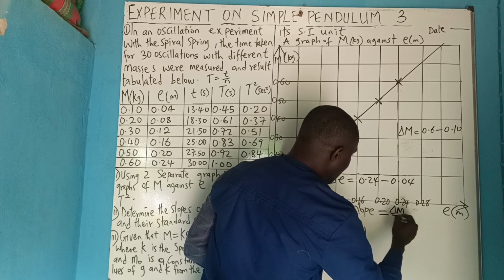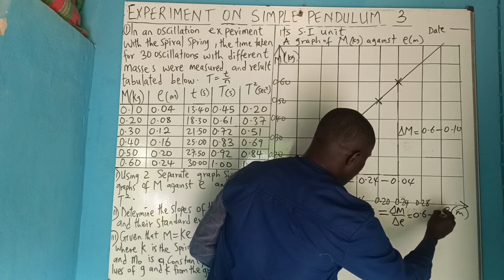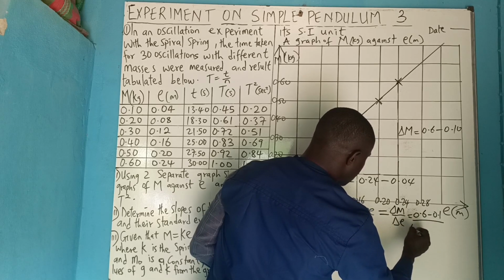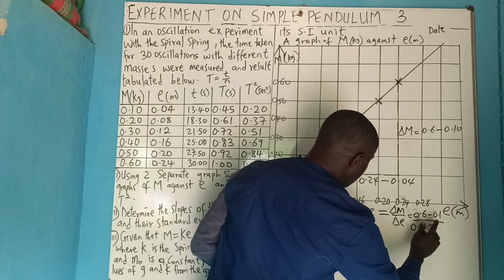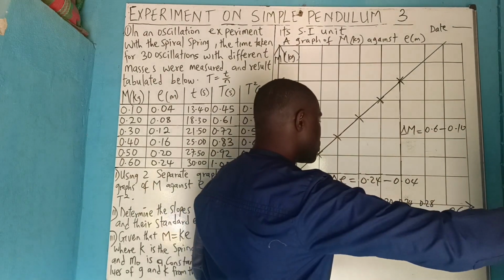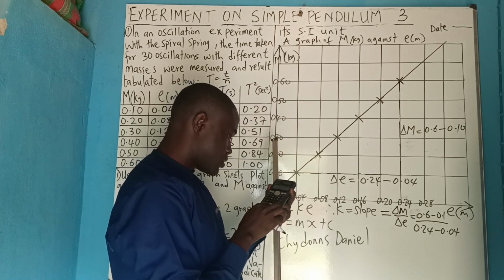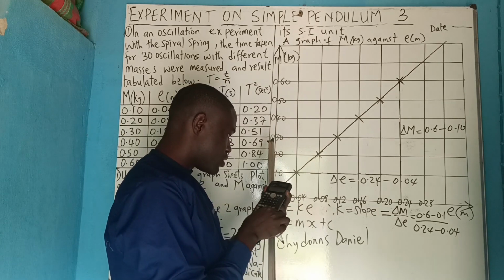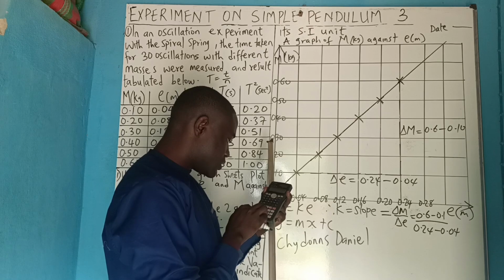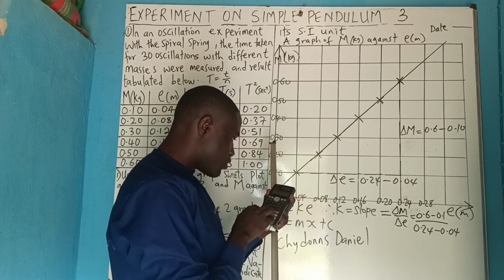in m over change in e, and is equal to 0.6 minus 0.1 all over 0.24 minus 0.04. And so we put it this way: 0.6 minus 0.1 divided by bracket 0.24 minus 0.04.